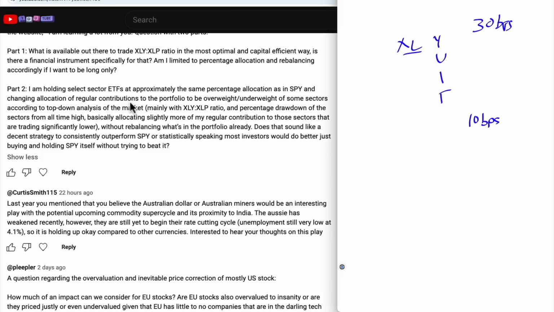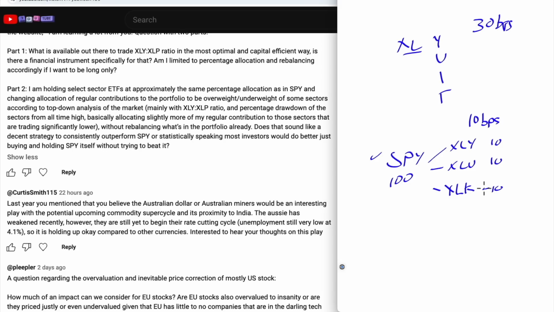And changing allocation of regular contributions to the portfolio, be overweight, underweight some sectors according to top-down analysis of the market. Well, then just buy SPY. Let's say you're going to buy 100 shares of SPY, right? And you want to be overweight. You think consumer discretionary will be good, XLY. Well, it'll have a weighting in the S&P. Just add 10 more shares. XLU, you think utilities will be good, add 10 shares there. You think that XLK, technology, will do very badly, short 10 shares there.